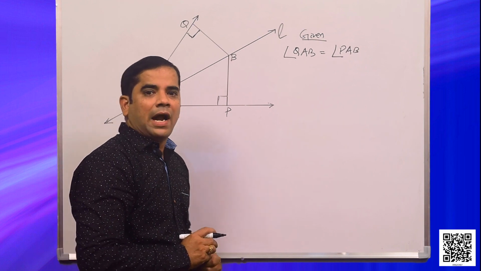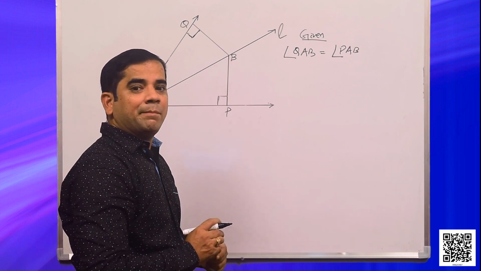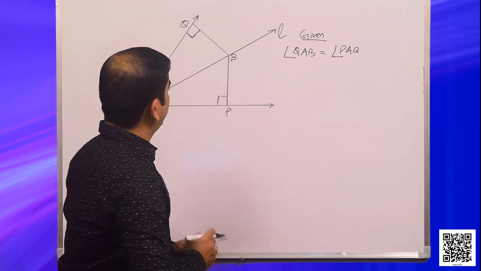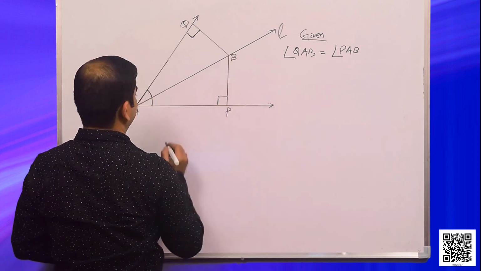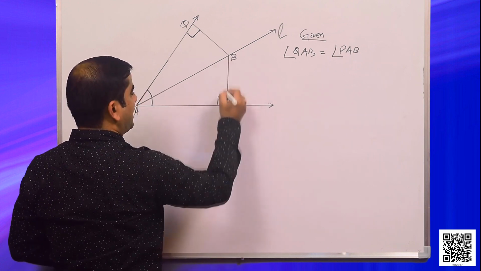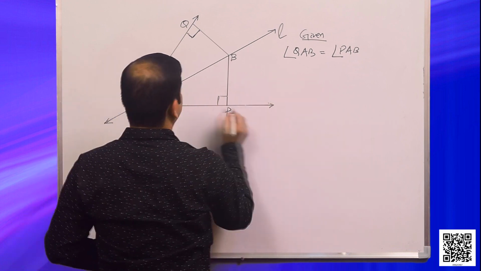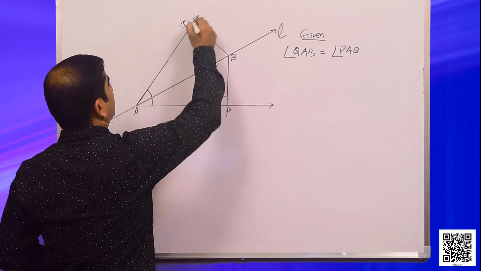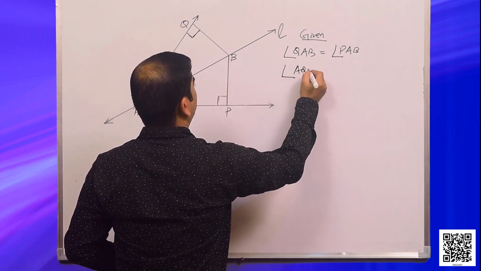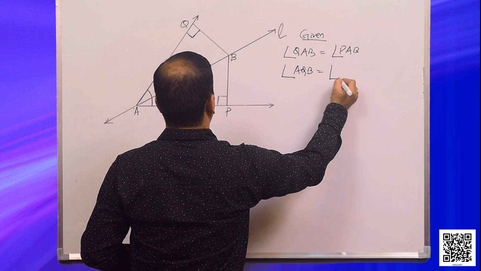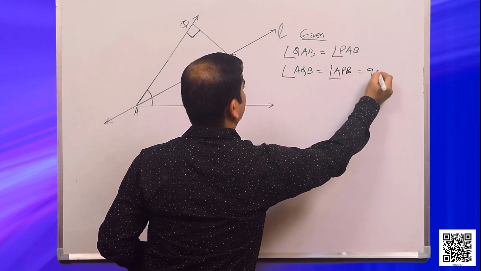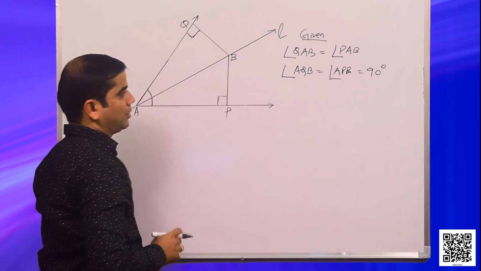Fine. And BP and BQ are perpendicular from B to the arms of angle A. That means BP is perpendicular to this arm, one of the arms, and BQ is perpendicular to this arm. That means angle AQB is equal to angle APB is equal to 90 degrees because they are perpendicular.